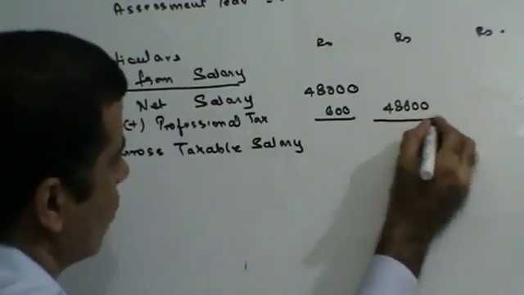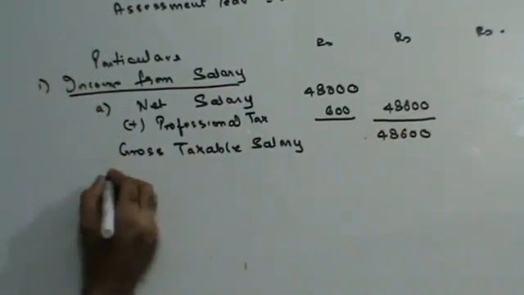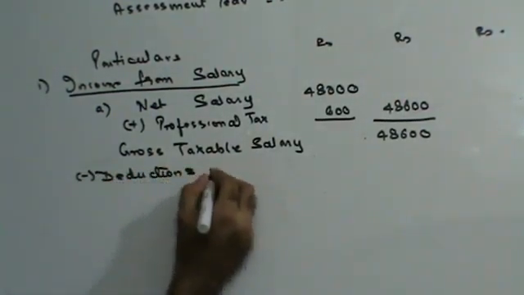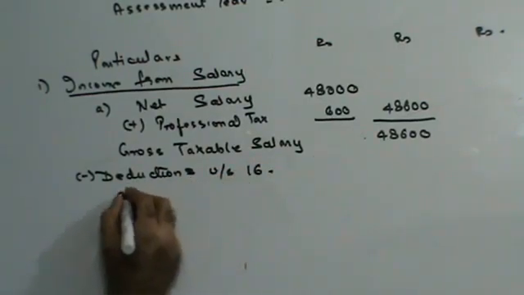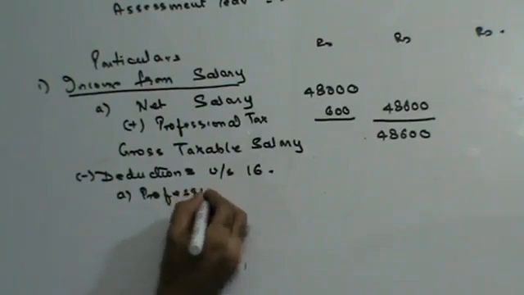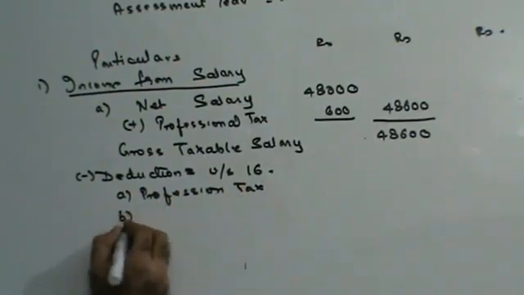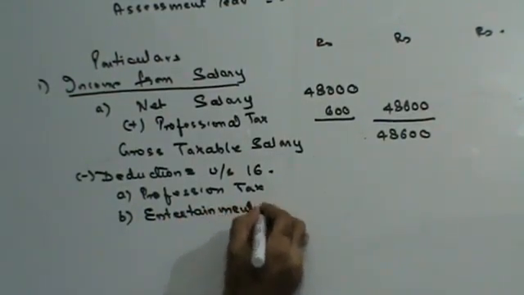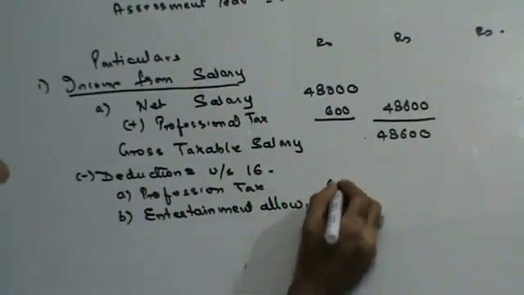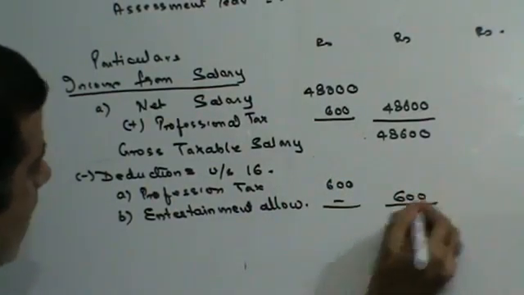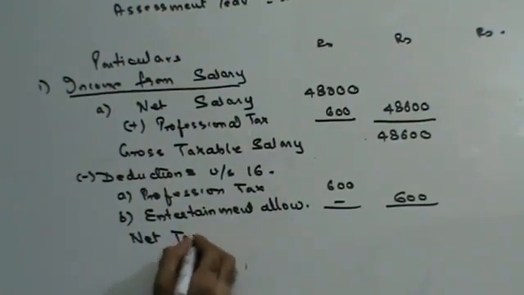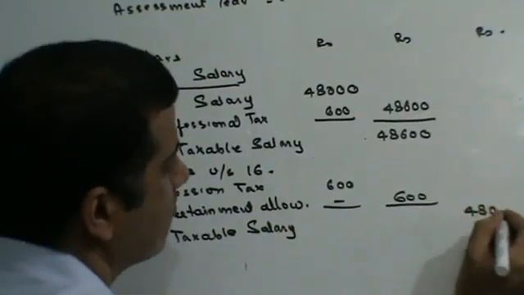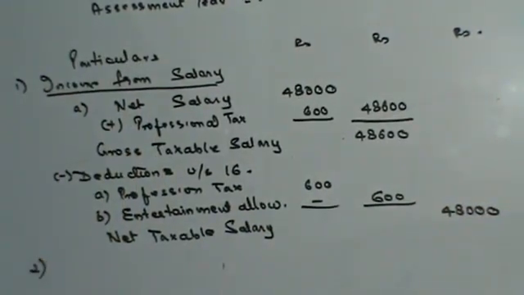Gross taxable salary is going to be 48,600 less deductions under section 16A, professional tax, B, entertainment allowance, nil, 600. So your net taxable salary is 48,000.